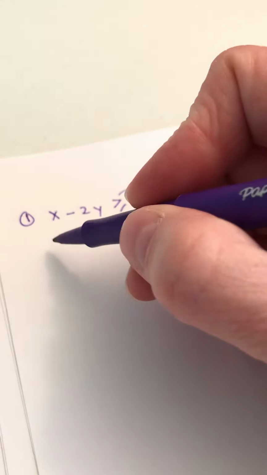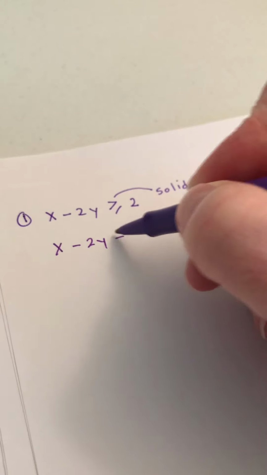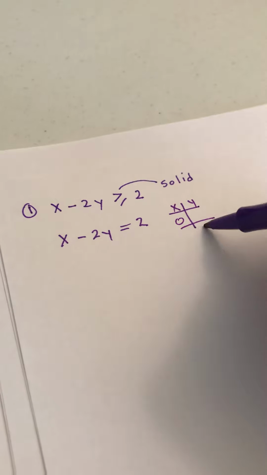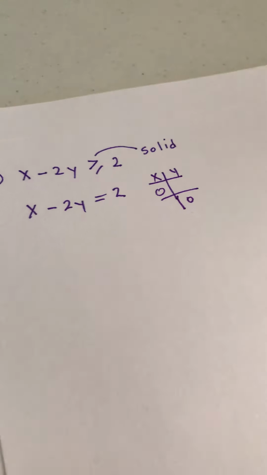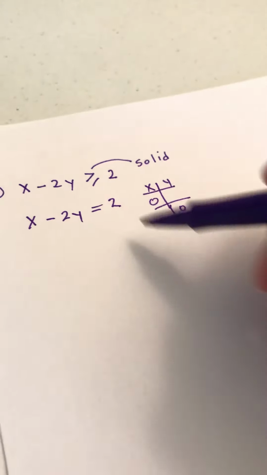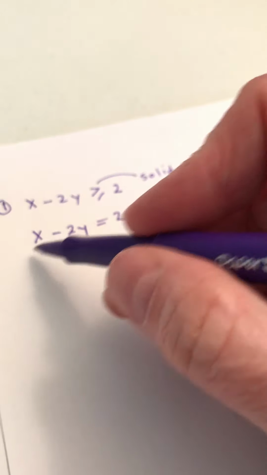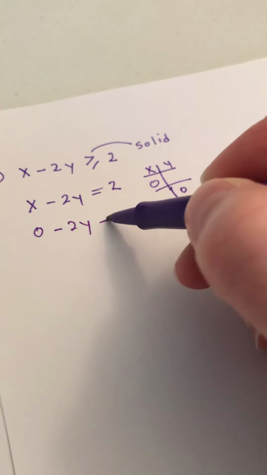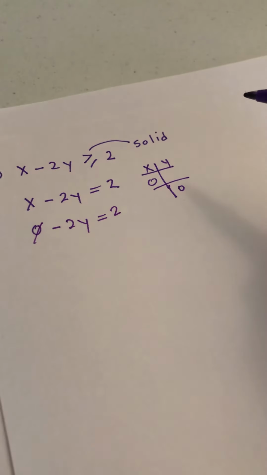To graph this, we look at the equality and graph the intercepts. And you'll get much better at these intercepts. So when x is 0, I'm going to put 0 in here for x. That gets wiped out.